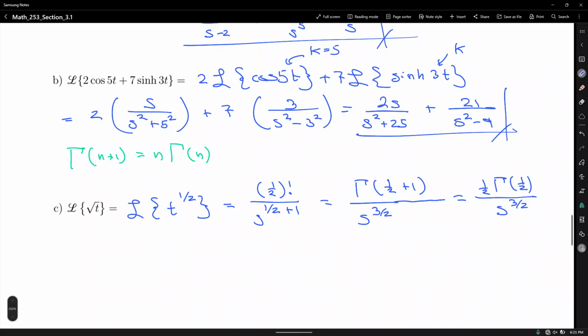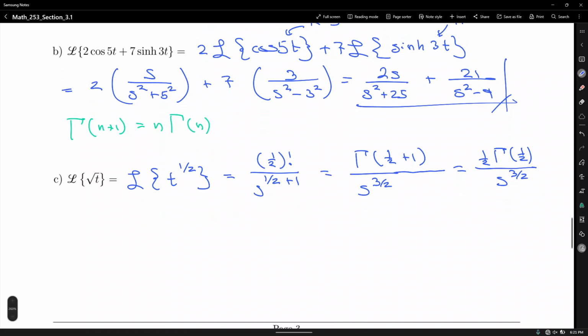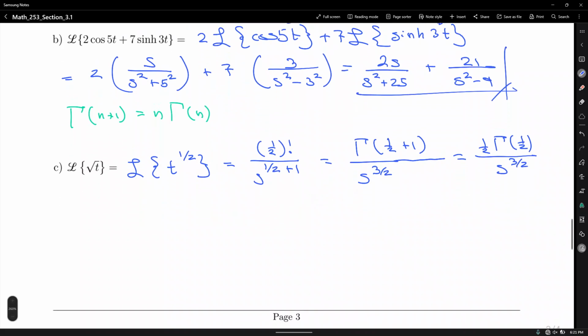But again, what's gamma of 1/2? Square root of pi, right? So this will be equal to 1/2 square root of pi divided by s to the 3/2.